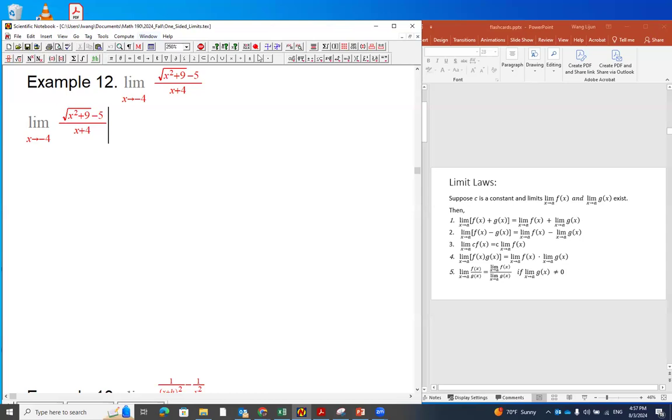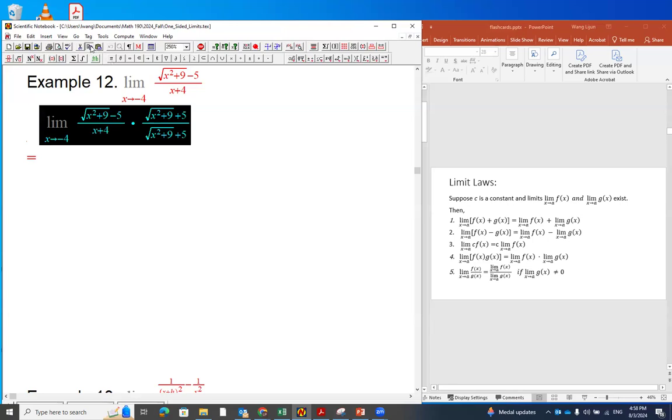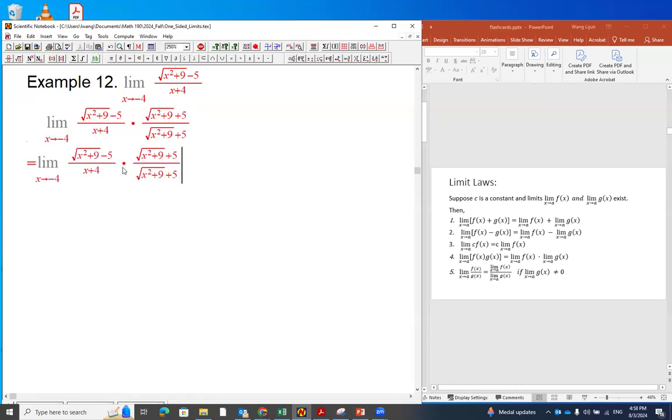So once again, we're going to rationalize the numerator. The conjugate of the numerator will be the root plus 5. And we're going to create number 1: 1 times anything stays the same. Then we continue to finish up the multiplication, denominator times denominator.